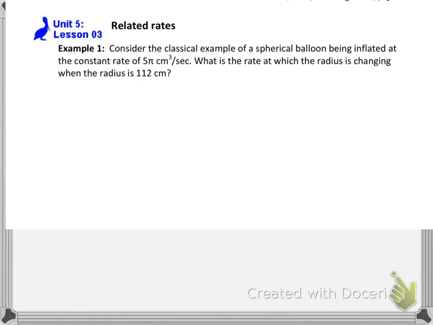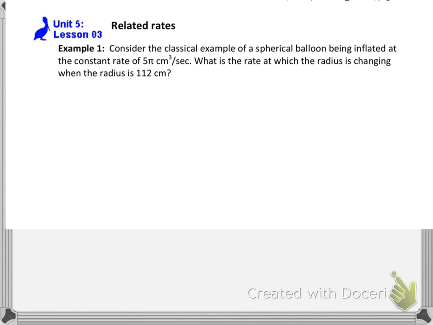Okay, in this video we're going to take a look at an introduction into related rates. And in related rates we're going to use implicit differentiation, and each problem is going to involve a different formula that we're going to take the derivative of, and most of the time we're taking the derivative with respect to time.